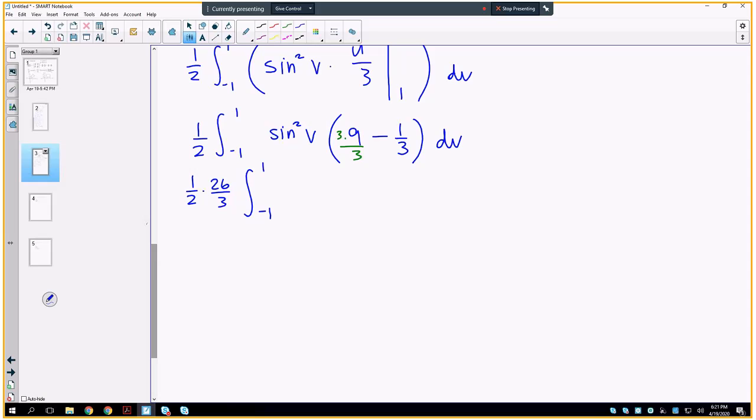Integration from -1 to 1 of sine squared. I'm not sure of the antiderivative for that, so I'll go ahead and use 1 minus cosine of 2v, all over 2, and integrate with respect to v.